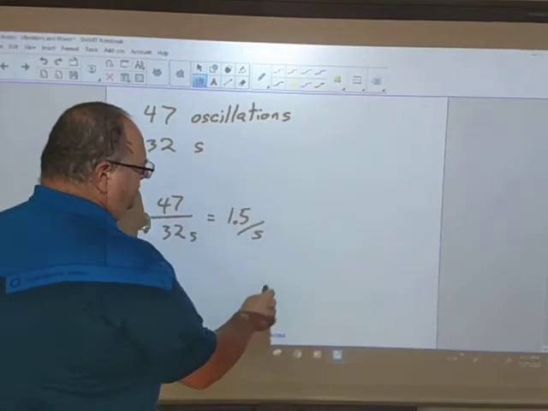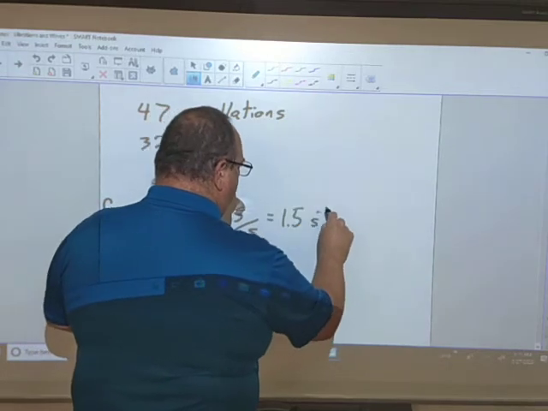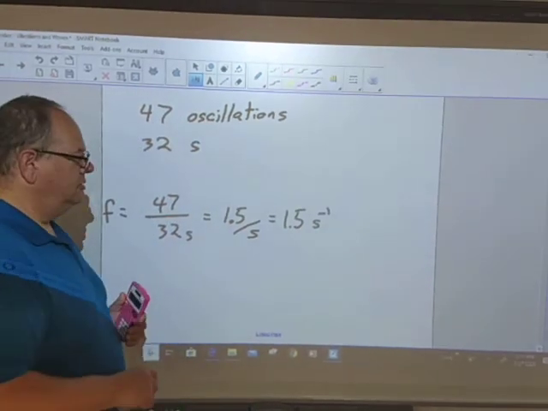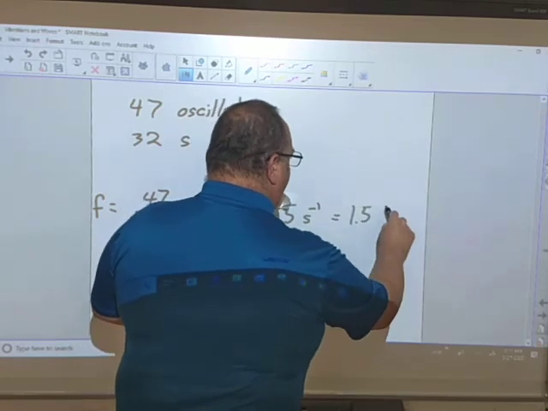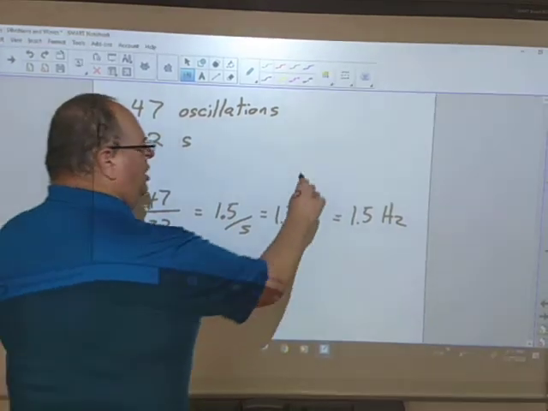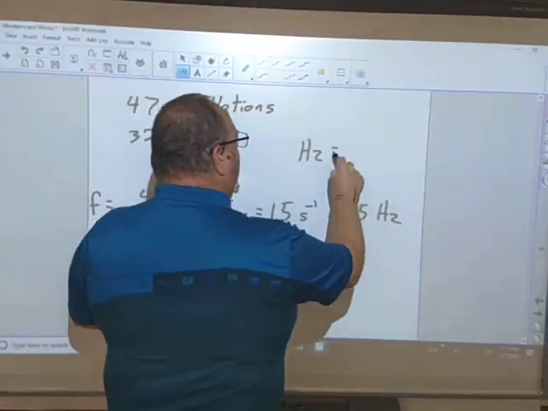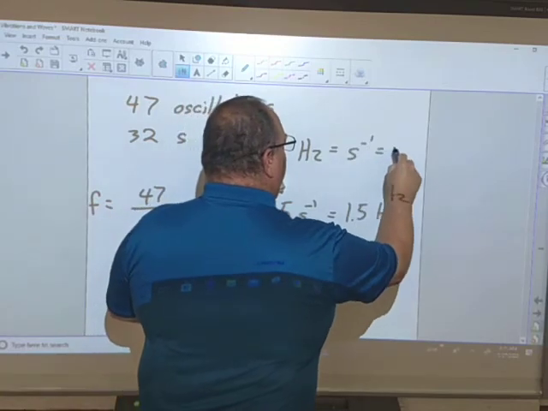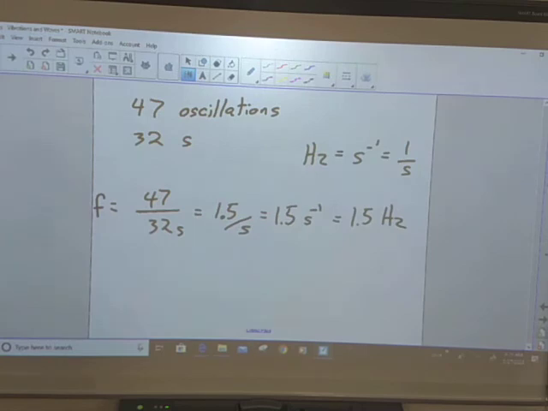Now, there's another way we could write that, 1.5 inverse seconds. 1.5 hertz. A hertz is a unit of frequency equal to an inverse second. So if you ever hear hertz, you can replace it with per second.